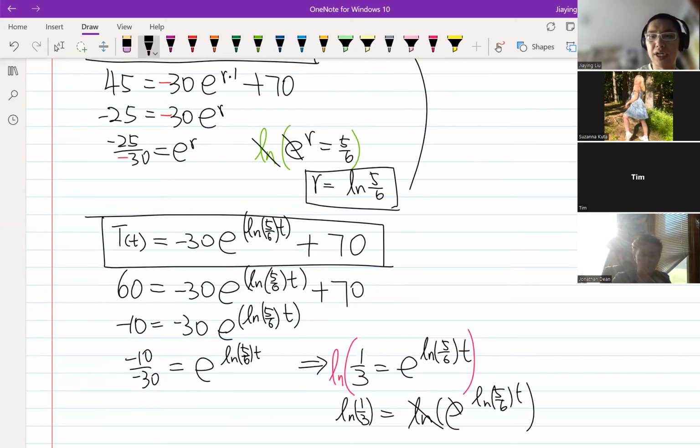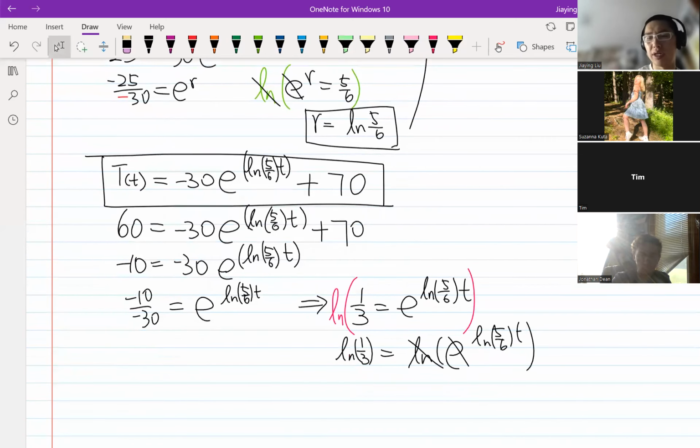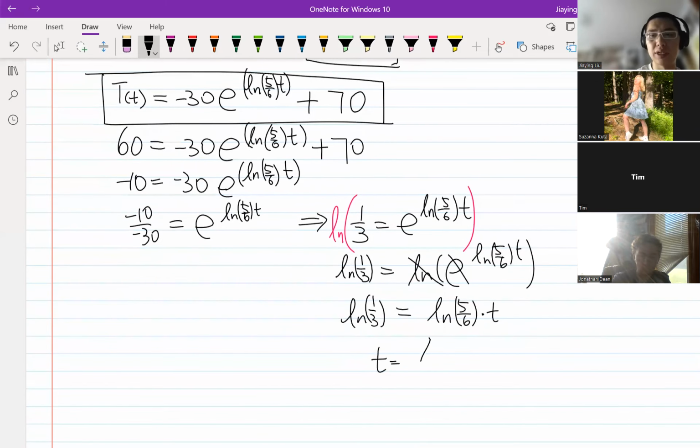The natural log and e cancel, giving just natural log 5/6 times t on the right side. I can solve for t by dividing both sides by natural log of 5/6. So we get t equals natural log 1/3 divided by natural log 5/6. So that's the time.